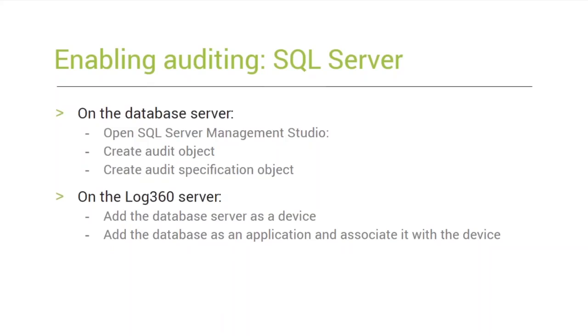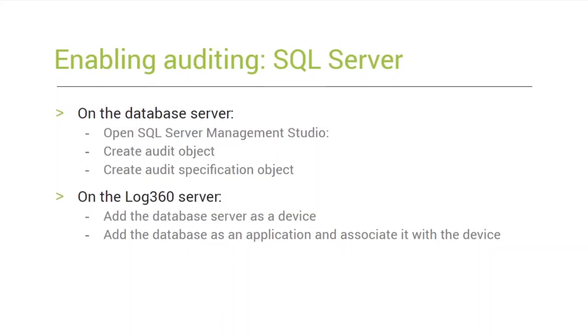So now I'll proceed and show you an example of how you can enable auditing on SQL Server. First, on the database server side, you will have to open the SQL Server Management Studio application. Followed by this, you'll have to perform a couple of steps.